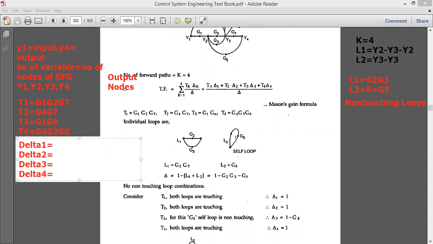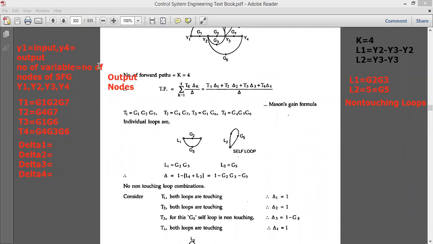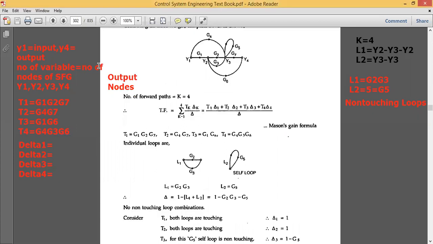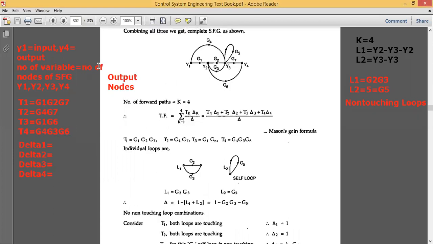To find the values of delta 1, delta 2, delta 3 and delta 4, you should compare all the loops with T1 first. Check whether the two loops are touching forward path 1 or not. What is the first forward path? It is just a straight line. If it is a straight line, all the loops are touching.